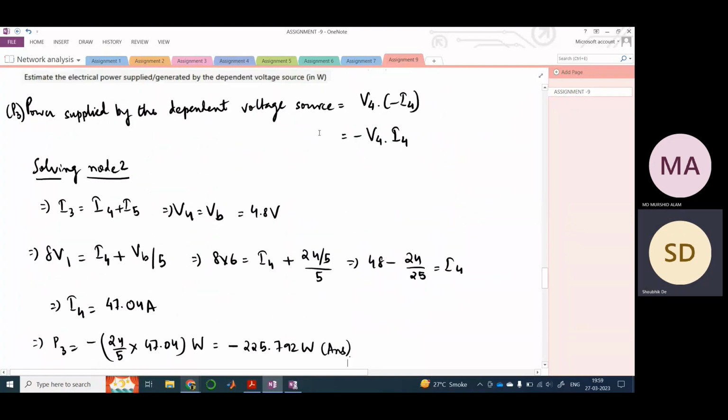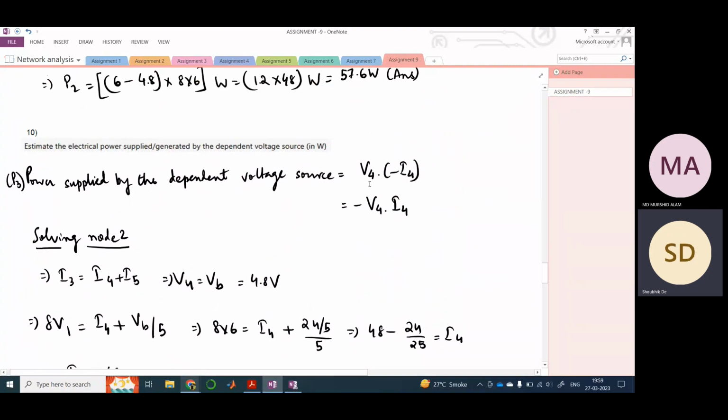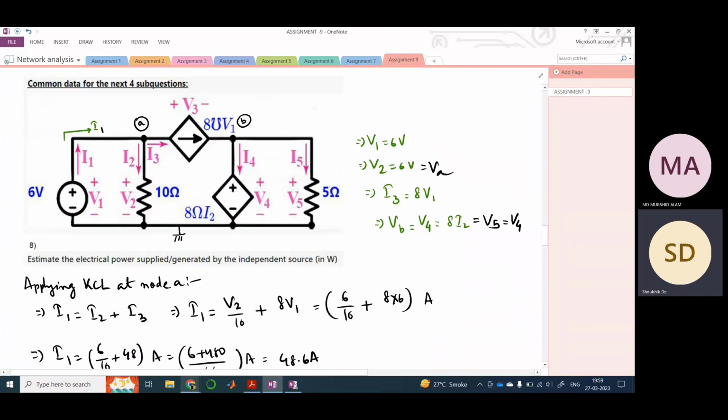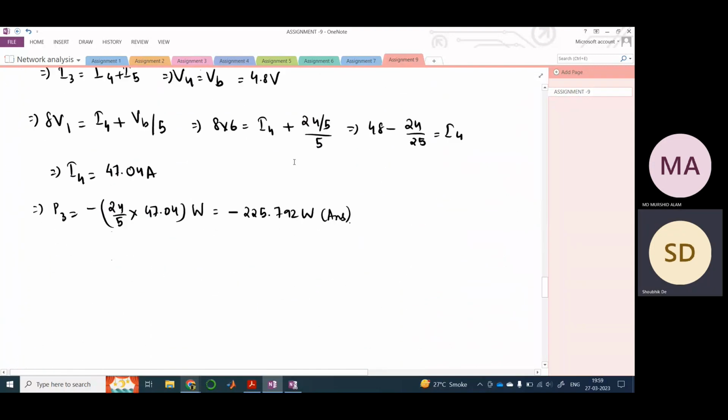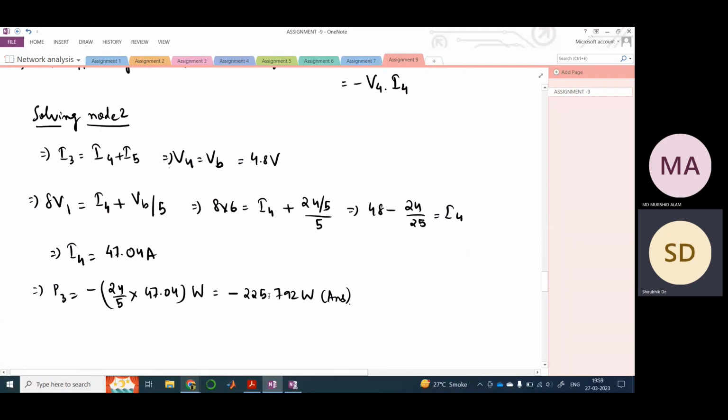And after this, it's pretty simple. You just calculate minus V4 into I4. And why minus? Because the current is actually flowing into V4, right? But if it is generating, the current should actually flow out of V4. So therefore it's minus V4 into I4, which gives us minus 225.792 watts. Okay, I hope this is clear.